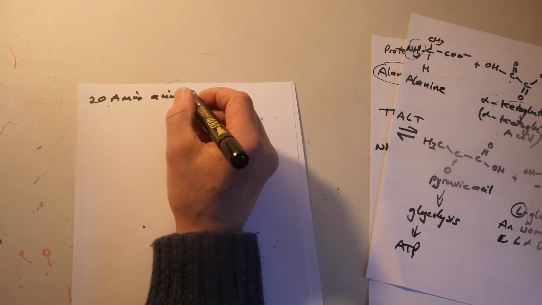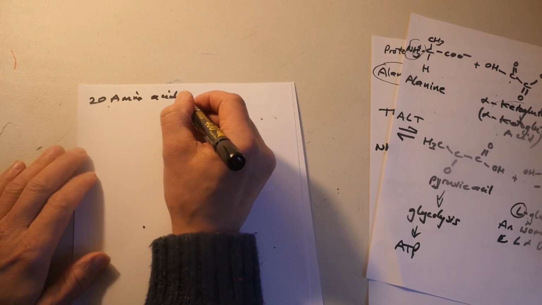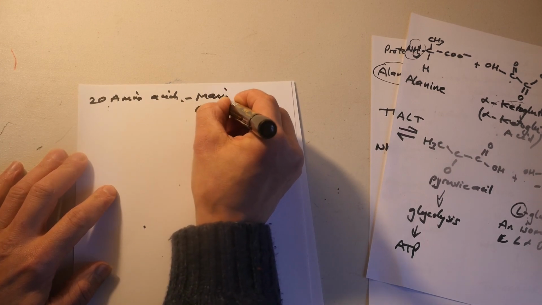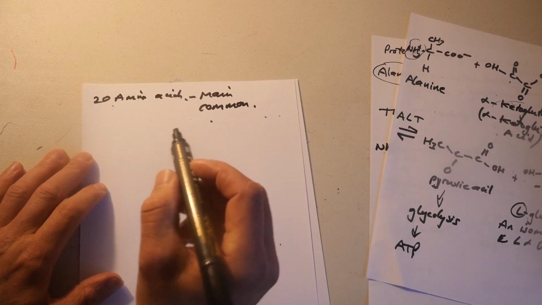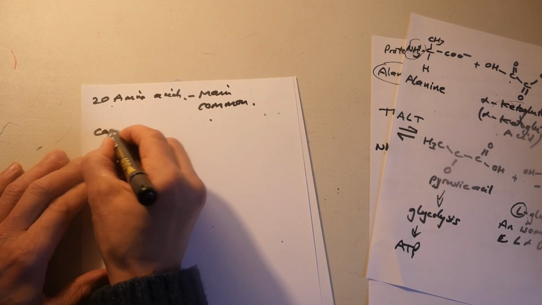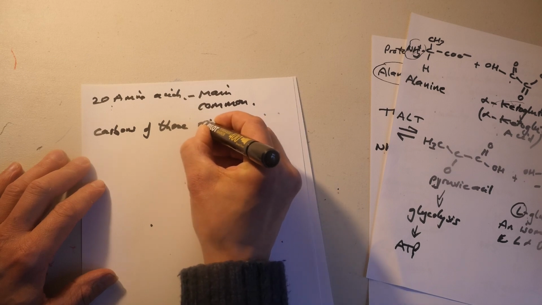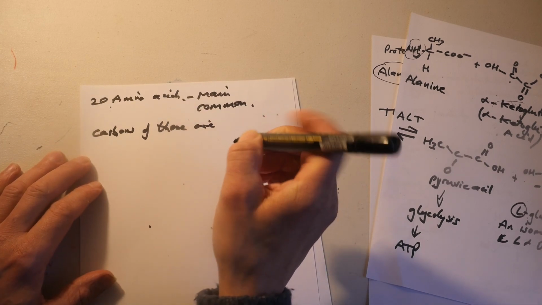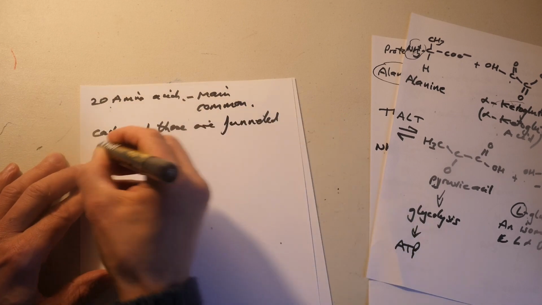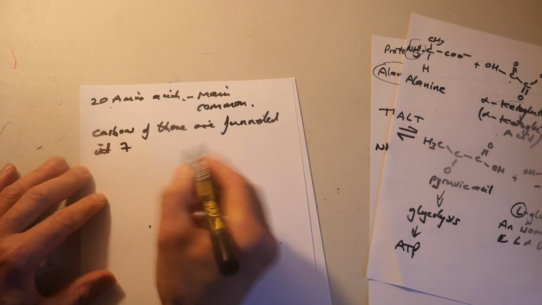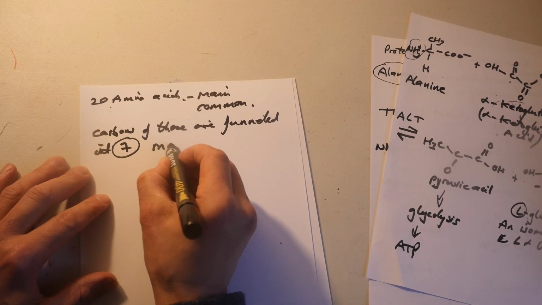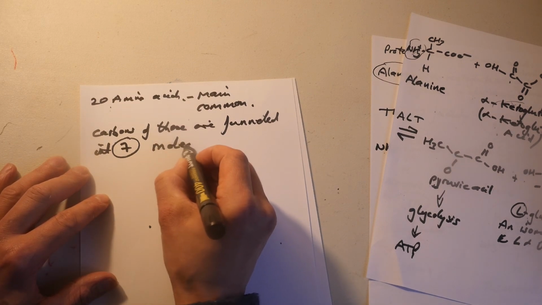Of the 20 main amino acids, the carbon skeletons are funneled into seven molecules.